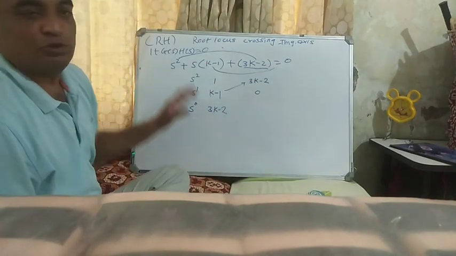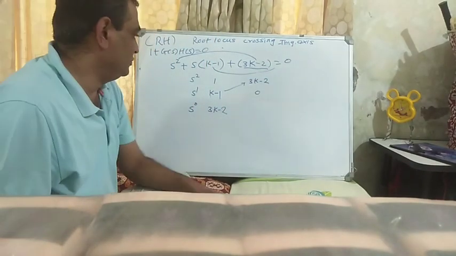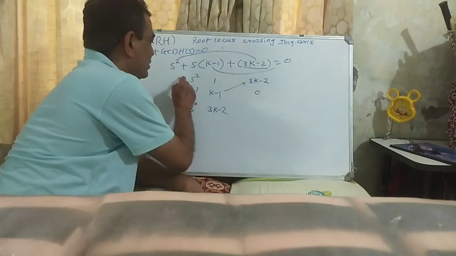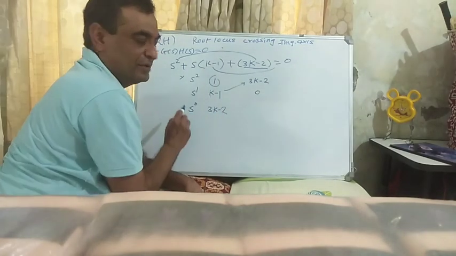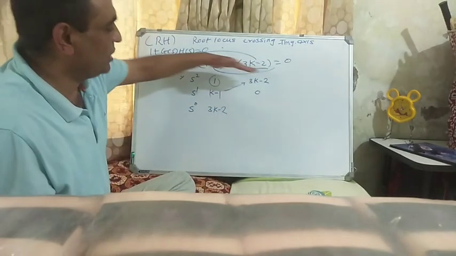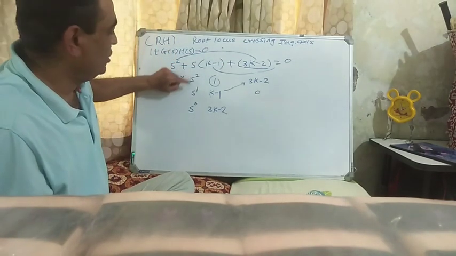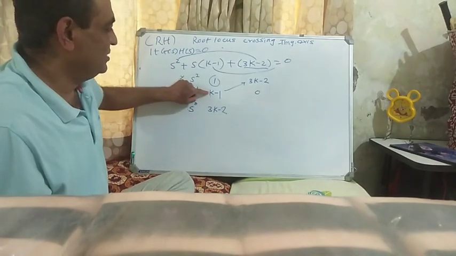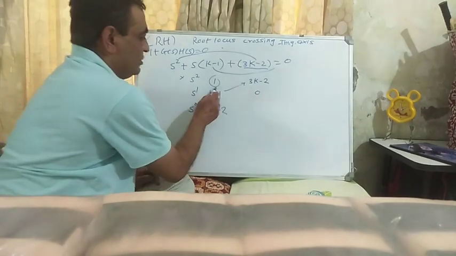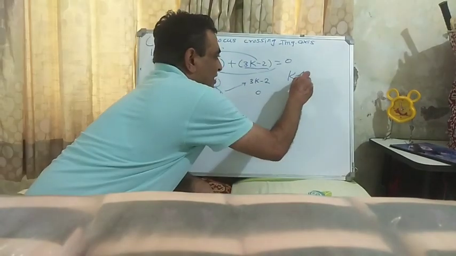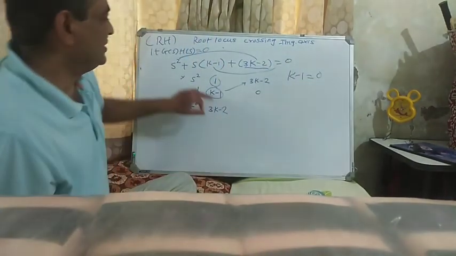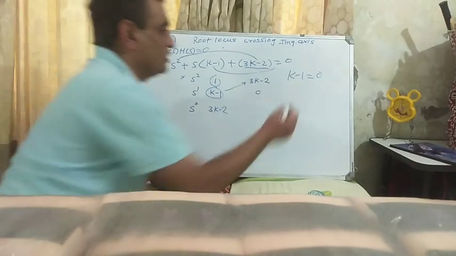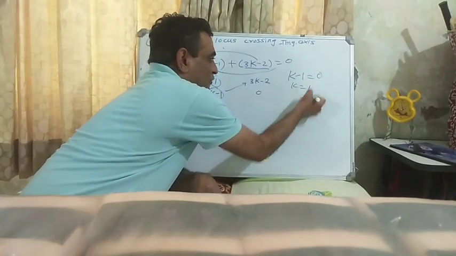For that I need to make an entire row 0. So the s squared row cannot be 0 because there is 1 here, for any value of k. What about s raised to 1? Yes, when this term is equal to 0, k minus 1 equals 0, at that time the entire row becomes 0. So k minus 1 equal to 0, so k is equal to 1.